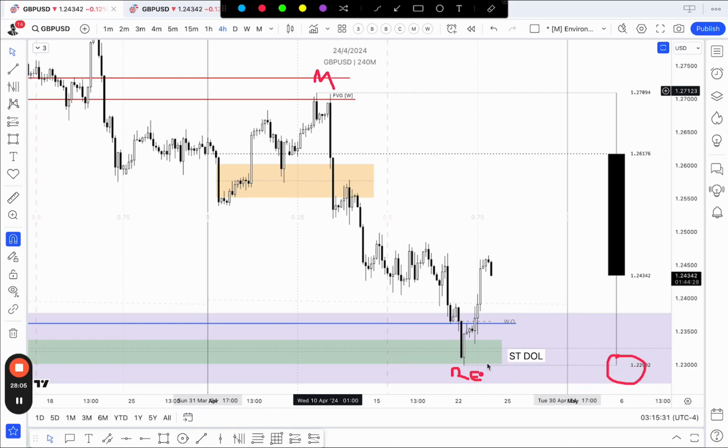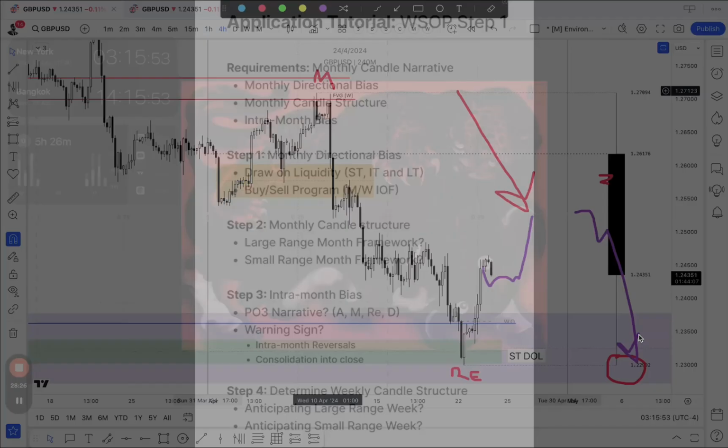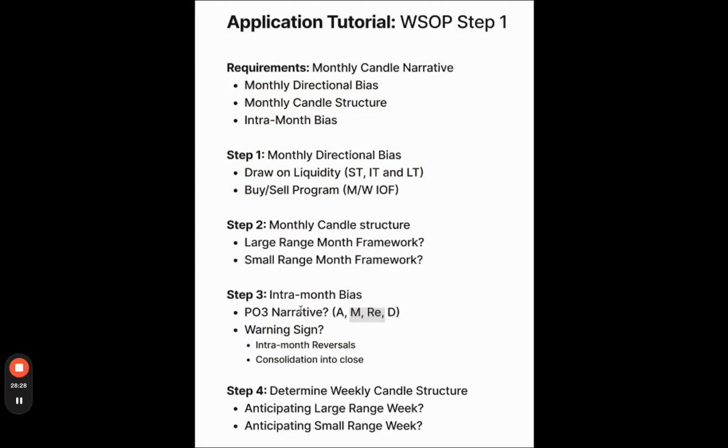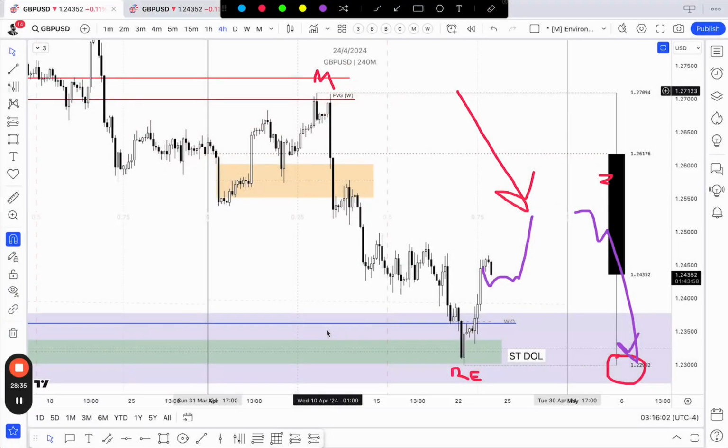All right, so if we formed the low of the month here because we hit a key level, if you kept shorting into that, then on the lower time frames, even though you got the directional bias correct, the intra range suggests that we could retrace into fair value, then maybe on the next month seek it again. So that's why we need intra-month bias, not only directional bias and candle structure. We need monthly bias to navigate inside all of this chaos.